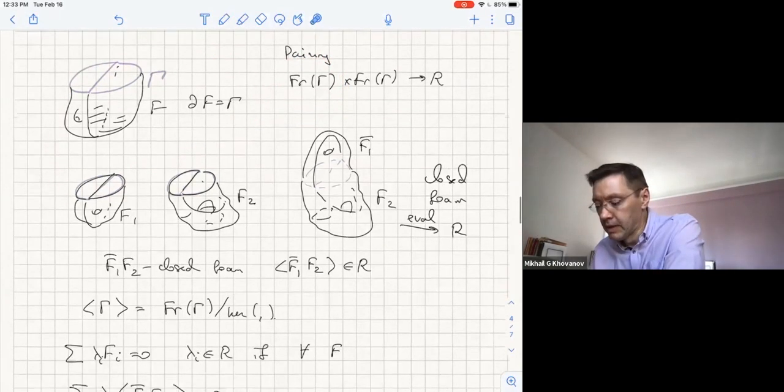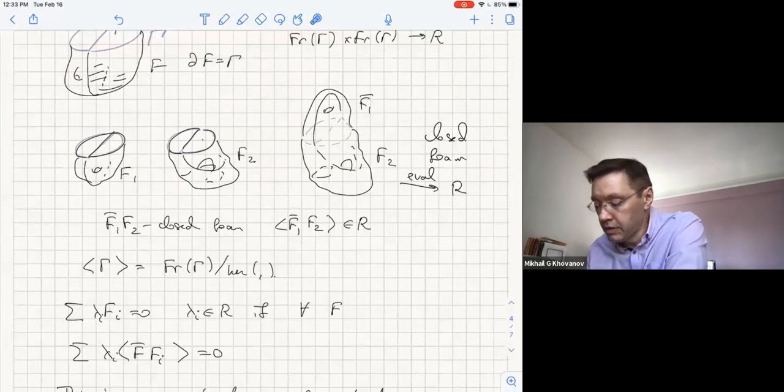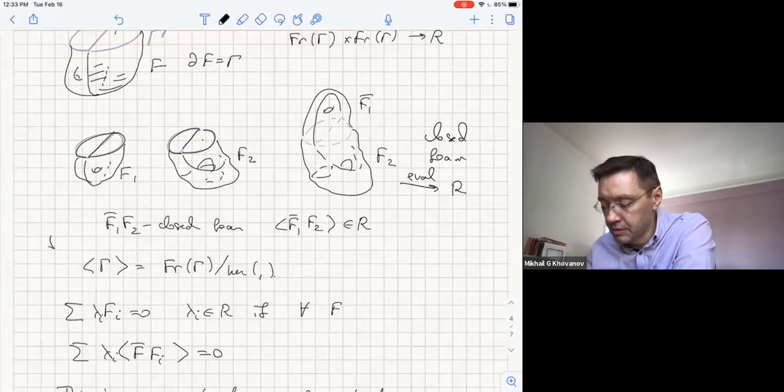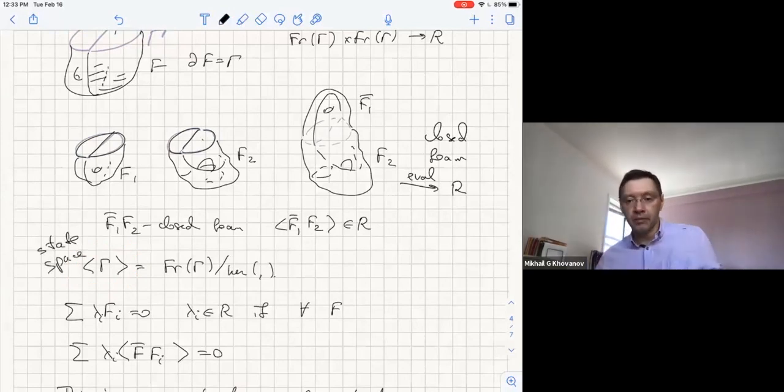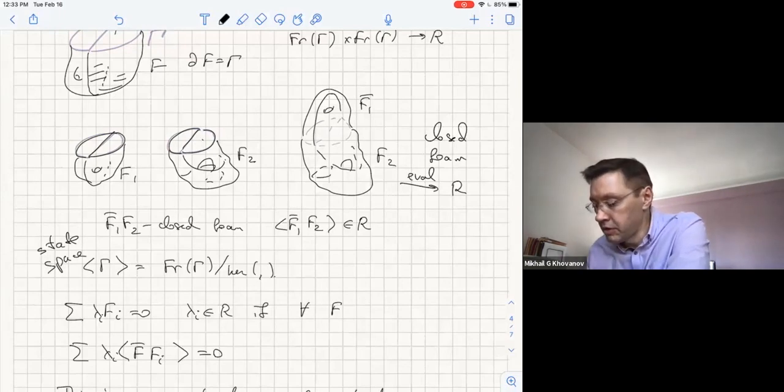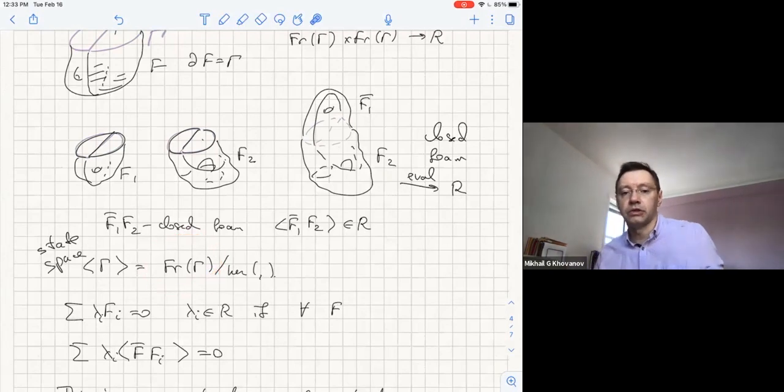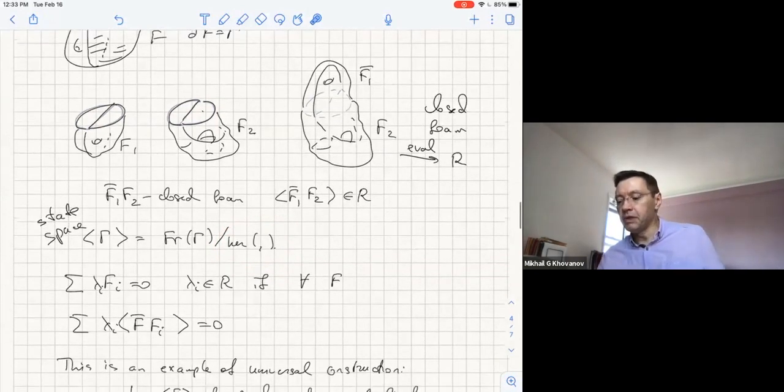And now define the state space of graph gamma as the quotient of this large vector space by the kernel of the pairing. Now, what does it mean?